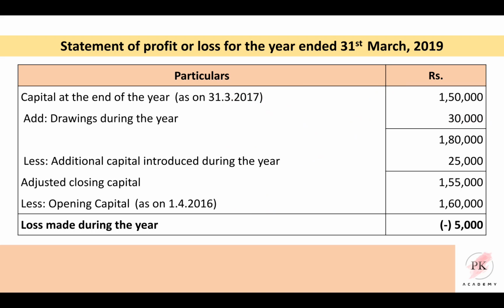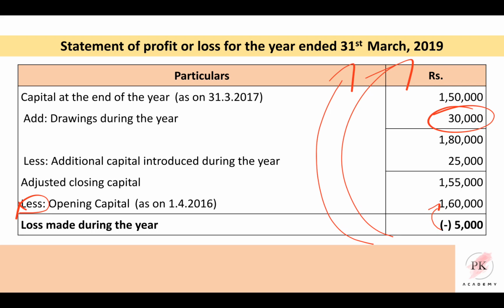You can find out drawings in that way, and you can also do that in reverse manner. For example, here 5,000 minus, right, negative 5,000, and when you go down from above, all the answers will be reversed. For example, less becomes plus and add becomes less.